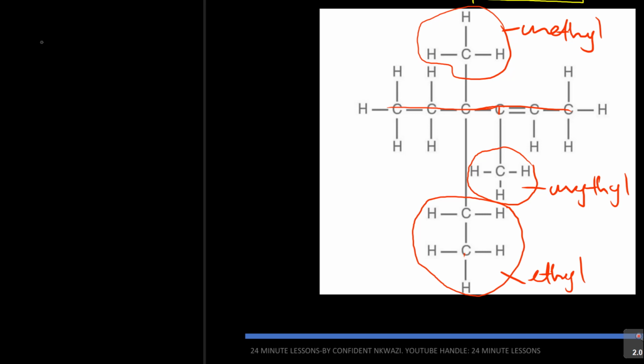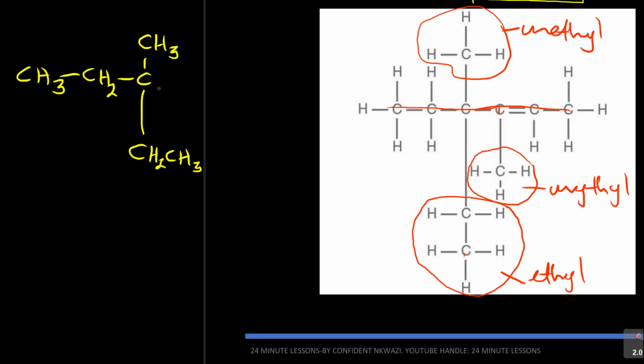Now let's look at this. If I'm drawing this as a condensed structure, I've got the first part, CH3, and then I've got CH2, and then I've got C, then I've got CH3, and then here I've got this long one, CH2, CH3, then here I've got the C with CH3, and then I have a double bond there, and then I've got the CH and CH3.